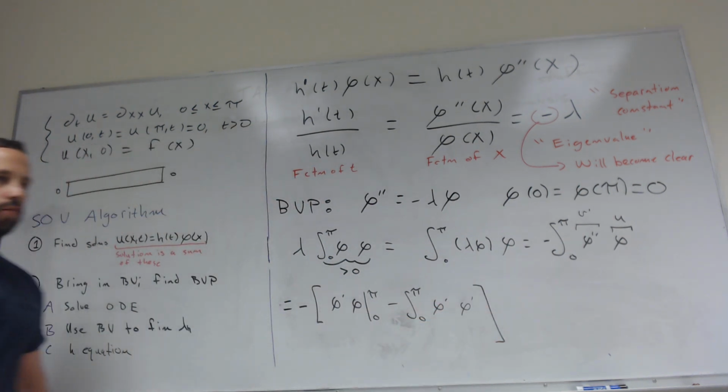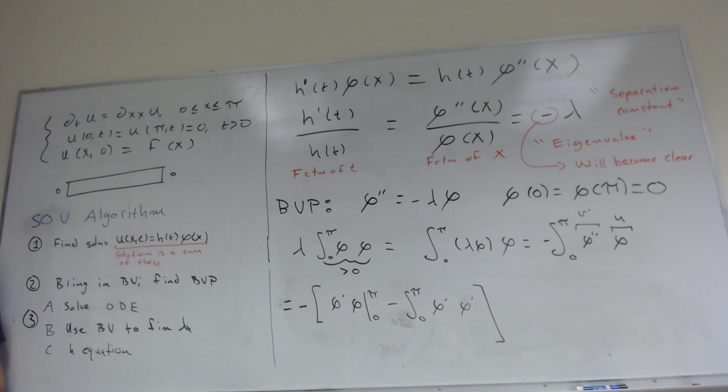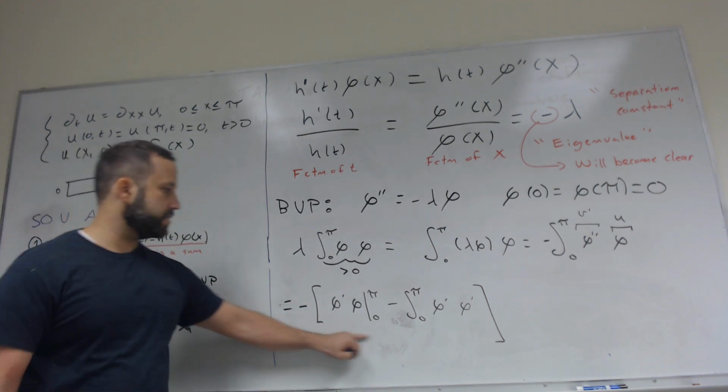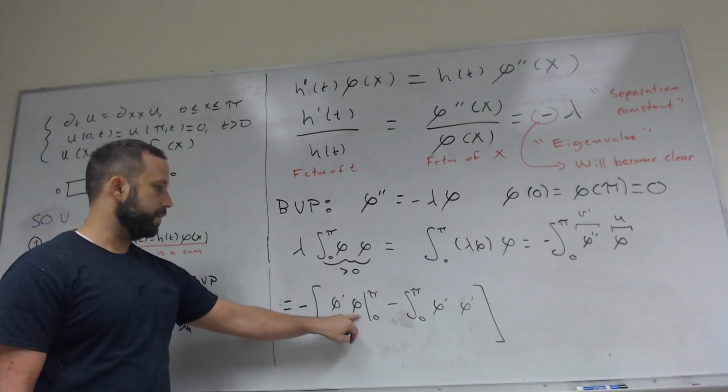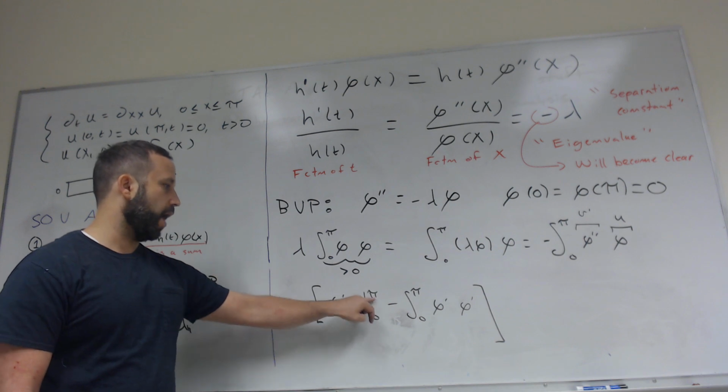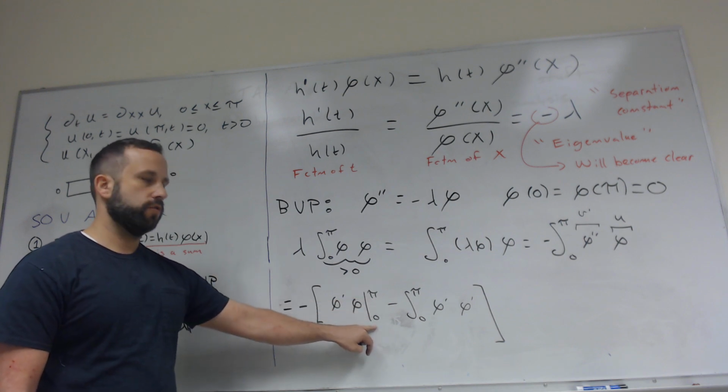Now here's where the boundary conditions are very important, because it implies that this term is equal to 0, because phi of pi is 0, and phi of 0 is 0.